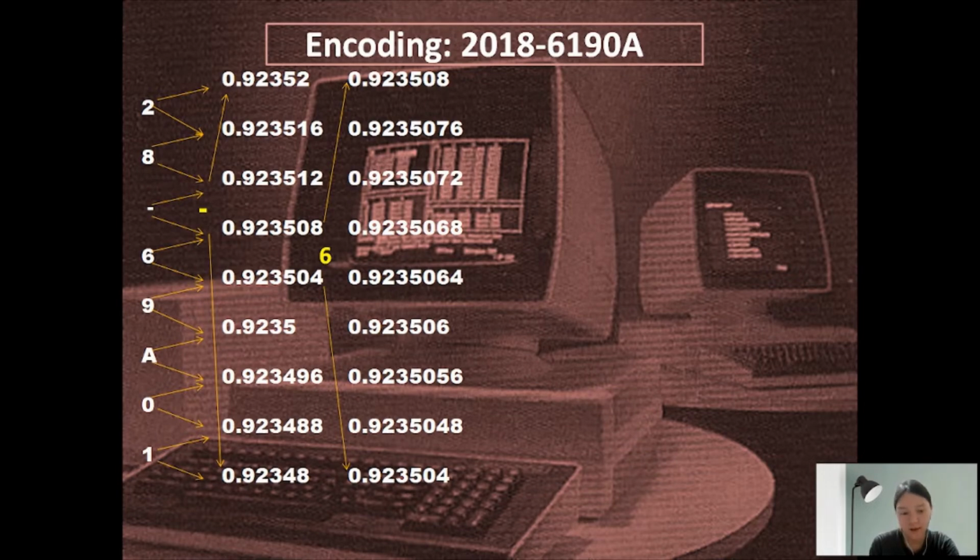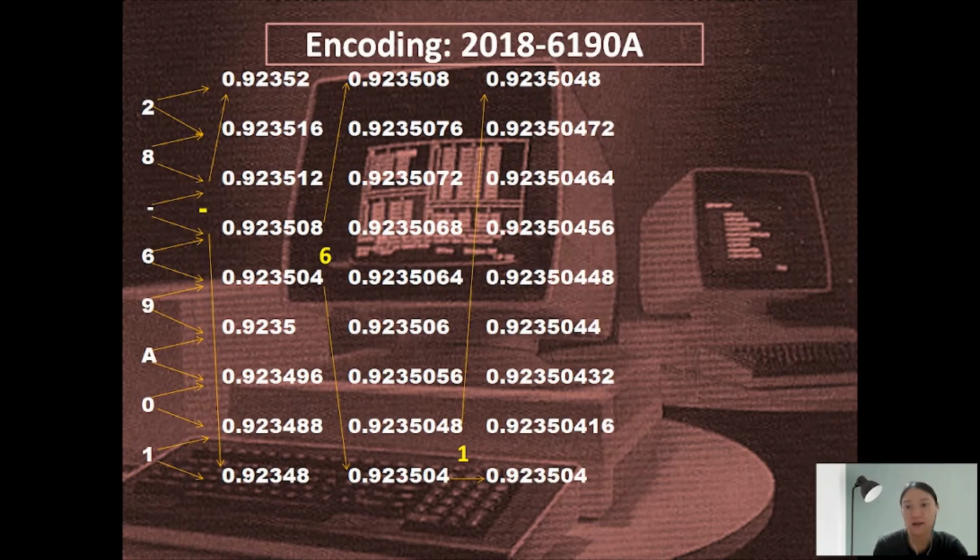So now the difference from this is 0.000004. Next is 1. We are at this part of encoding already, so 1 is from the bottom part. The value now ranges from 0.923504 to 0.9235048. The new difference, or delta, is 0.0000008.